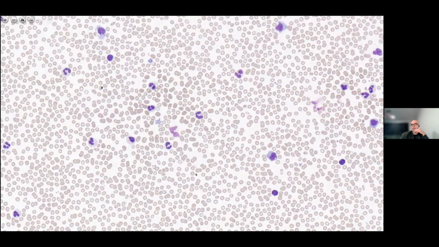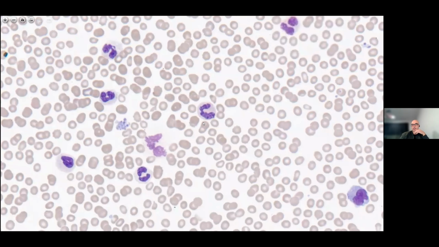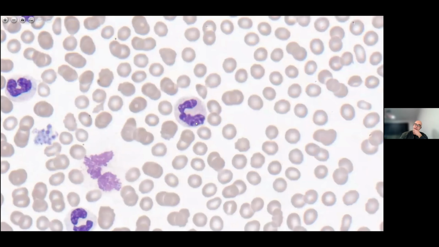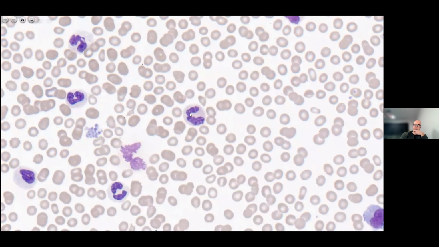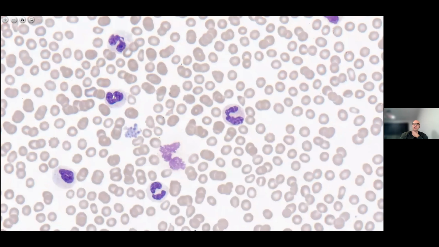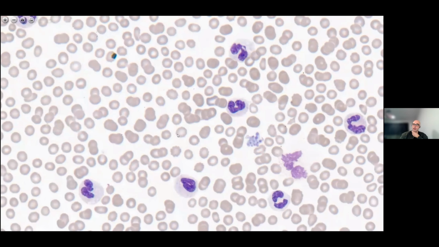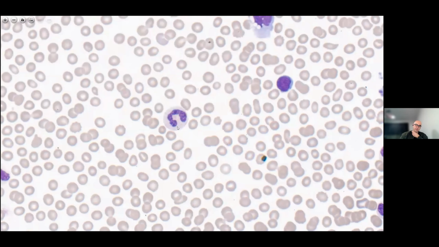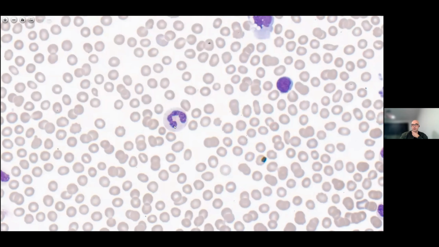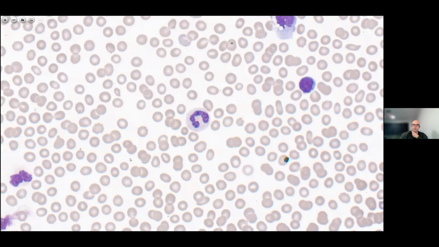For the neutrophils, you would also look at the lobulation, the chromatin pattern, and the granulation to determine whether there might be a reactive process going on, where you would get increased granulation in neutrophils, or vacuolation, or whether there might be a deficiency state or a medication given to the patient, or a dysplastic feature where you may get hypolobulation, so a reduced number of lobes in the neutrophil.